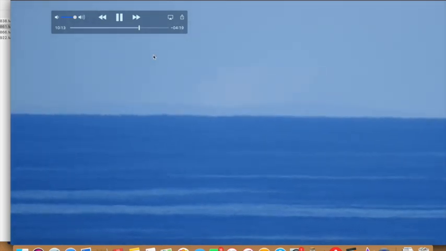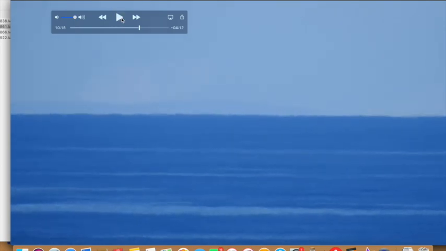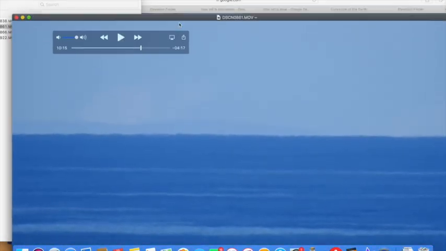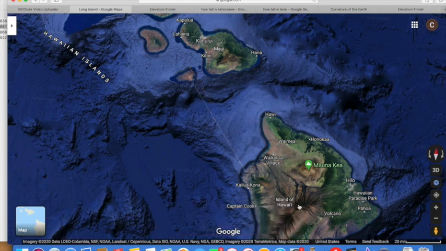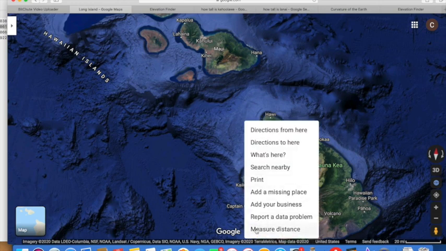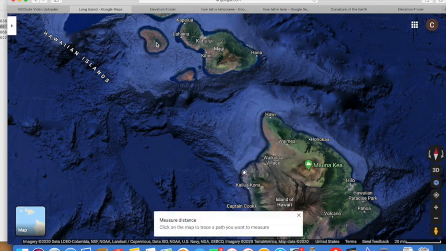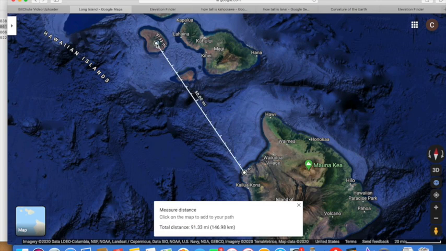Let's just look at our map real quick to make the comparison. If you look at the alignment from where I am, you can see that the two islands are pretty much lined up together from my observation point. Let's measure the distance to Lanai. Lanai is 91 miles away.